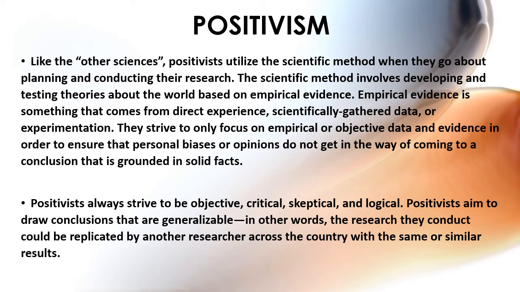Empirical evidence, again, something that comes from direct experience, something that you've measured, or something you found out by way of an experiment. So they strive to only focus on empirical or objective data and evidence in order to ensure that there's no personal biases or opinions getting in the way of the conclusion.